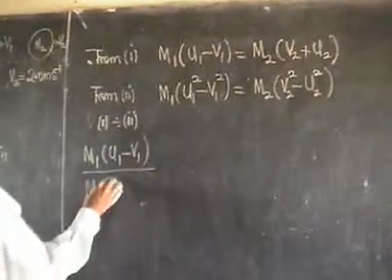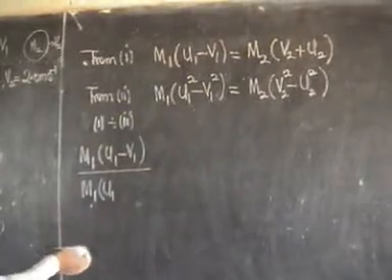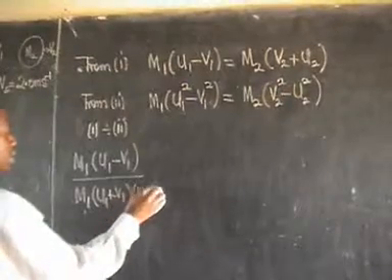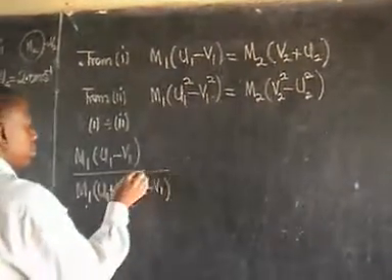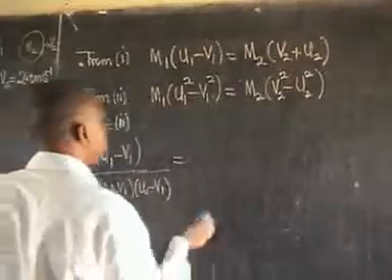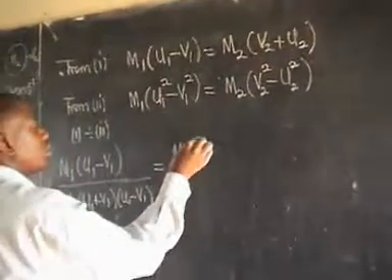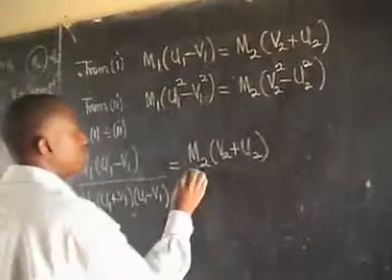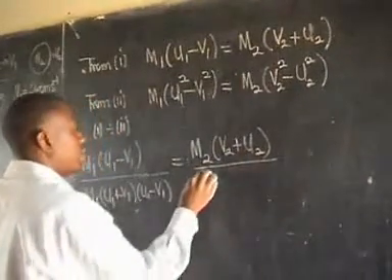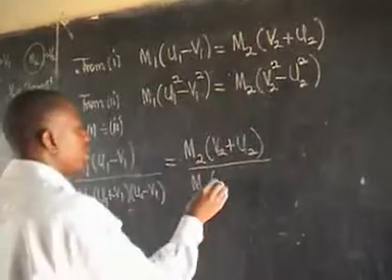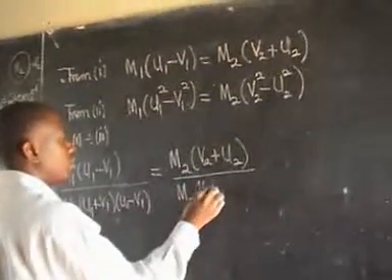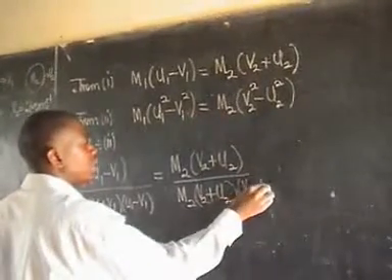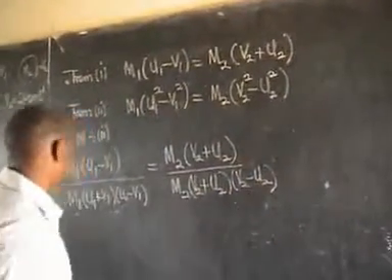Using the difference of two squares, this is the same as (u1 minus v1)(u1 plus v1) equal to m2 (v2 plus u2) over m2, again using the difference of two squares, (v2 minus u2)(v2 plus u2).